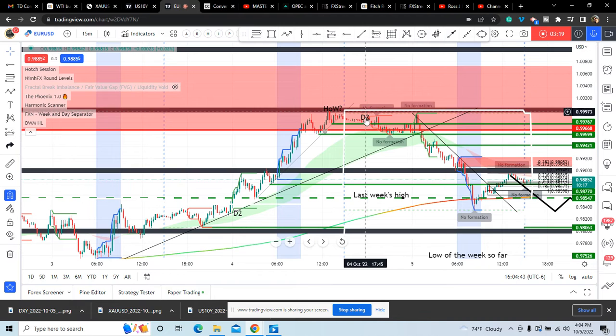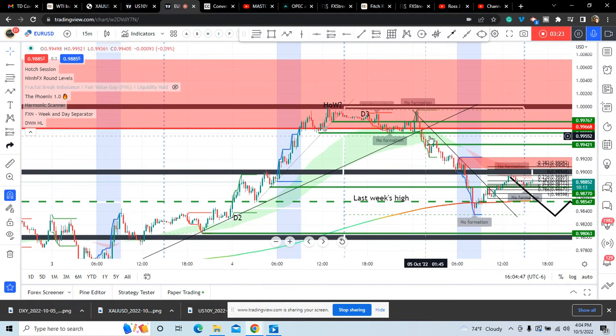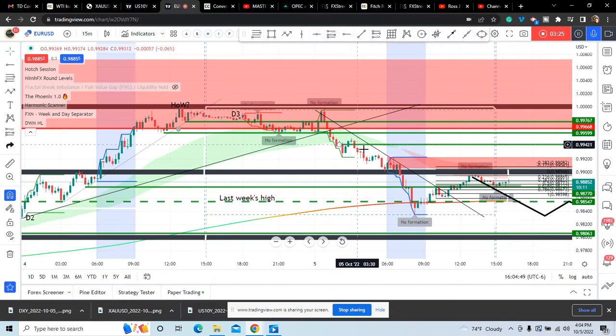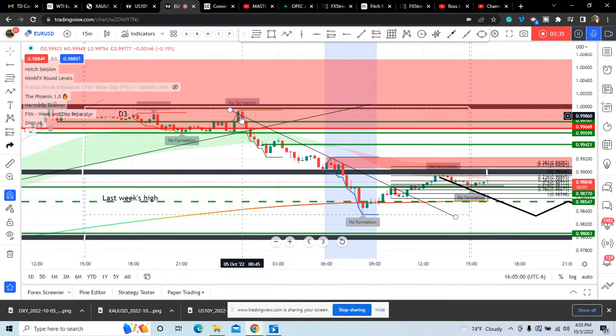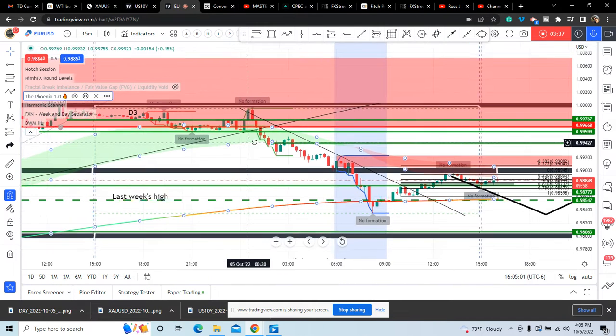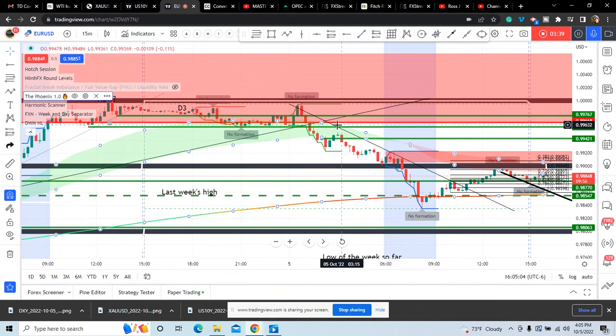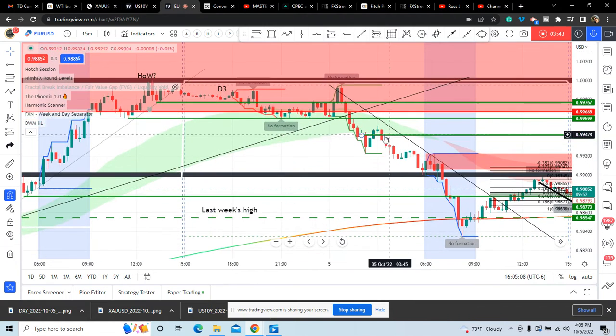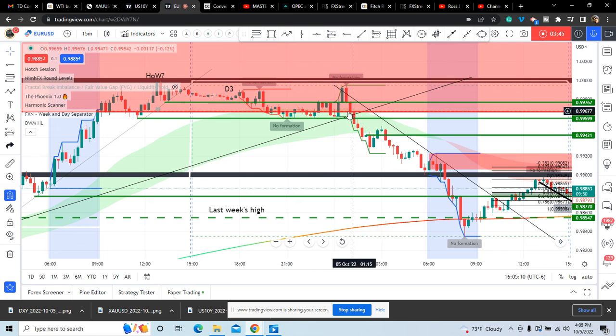But anyway, I got in at the end of the equities hours here. If you were trading London, you would have probably got in here. You might have got in on the break of this structure.